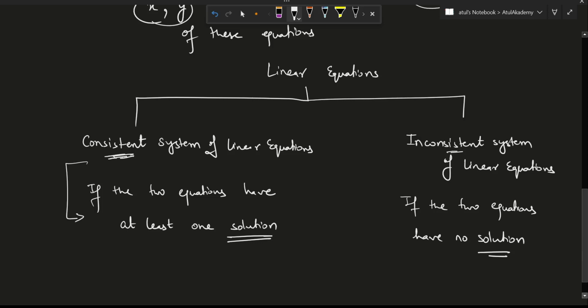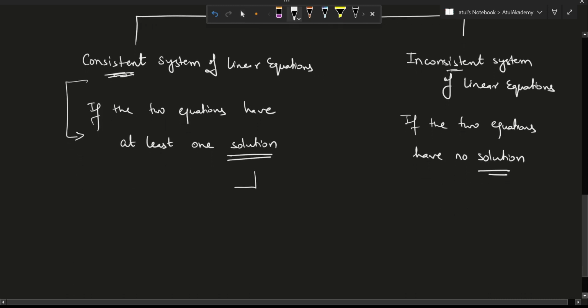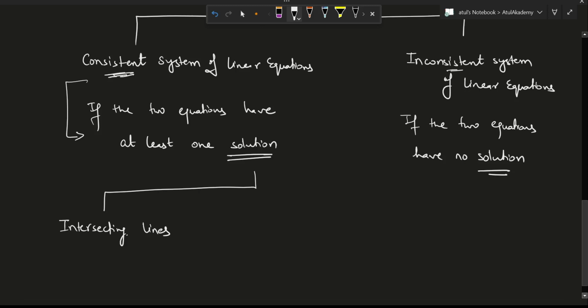Now this consistent system is further divided into two parts. One is called intersecting lines, because when we solve them and get the values of x and y, you can plot those values, and you get those lines as intersecting lines.